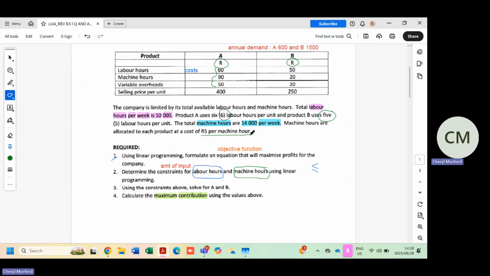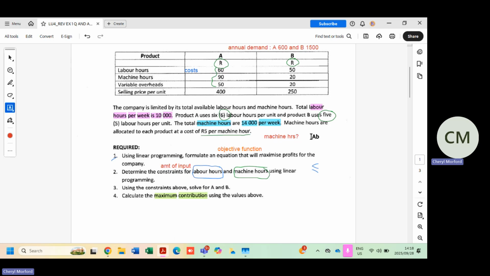Now we seem to be stuck because for labor, it gave us hours. Here, it's not. So what we now have to find a way around is this. We need to find the machine hours for each of the products.